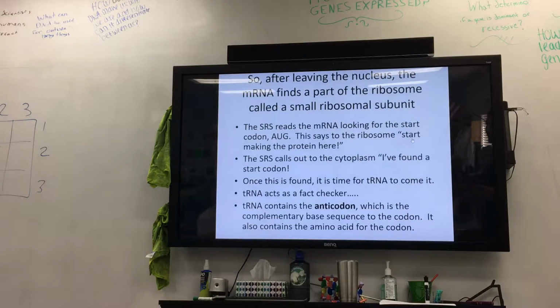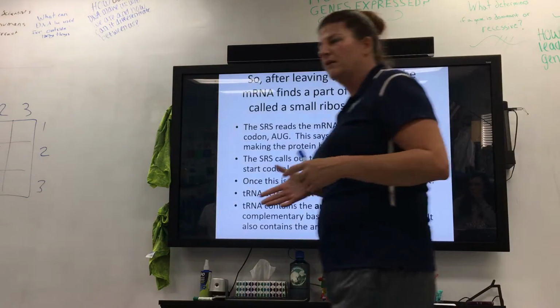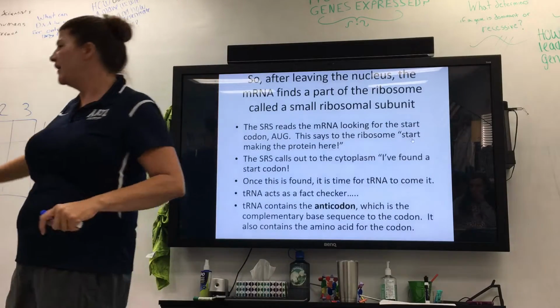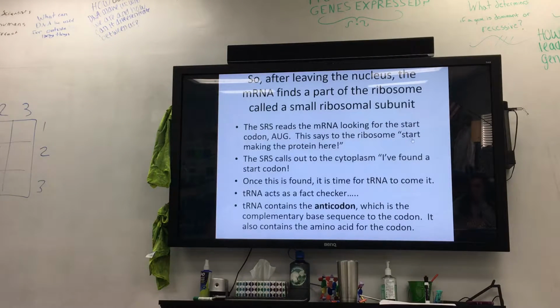So this transfer RNA comes in. CUG's transfer RNA comes in, and that anticodon... this is the codon. This is the anticodon. Oh, it bonds with it?